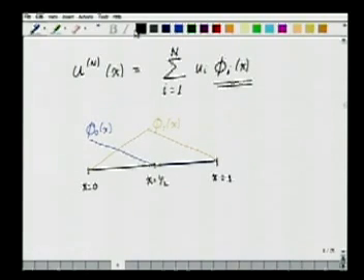So what have I done? I have put this intermediate point at x equal to half in my domain. This is the point where I have applied my concentrated load.